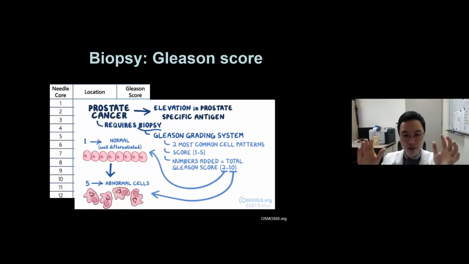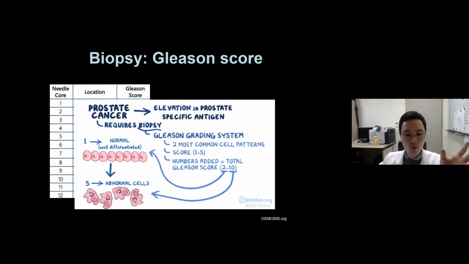The Gleason score is the sum of the two most prevalent patterns, primary and secondary. For example, if the Gleason score is written as 3 plus 4, it means that most of the tumor is grade 3, and the second most common is grade 4.